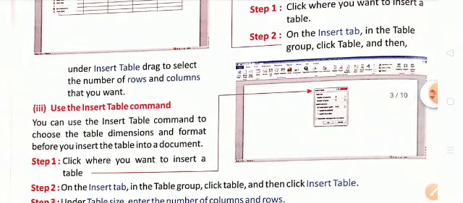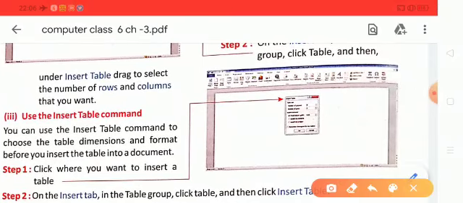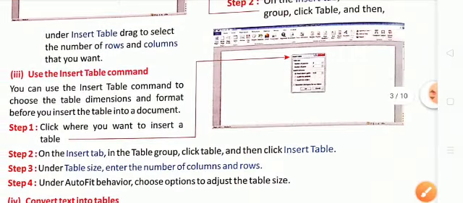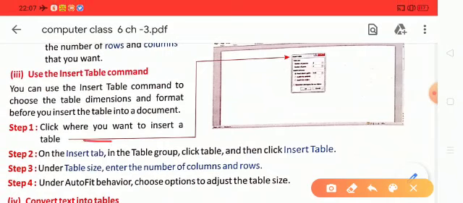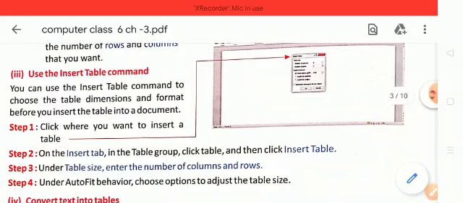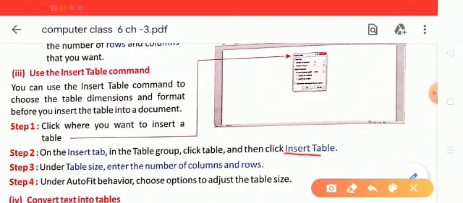Dimensions means the number of rows and columns. In this method we use these steps. In step number 1, click where you want to insert a table. Then in step number 2, on the insert tab in the table group, click table and then click insert table options.